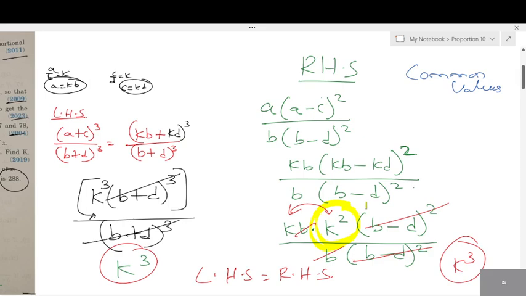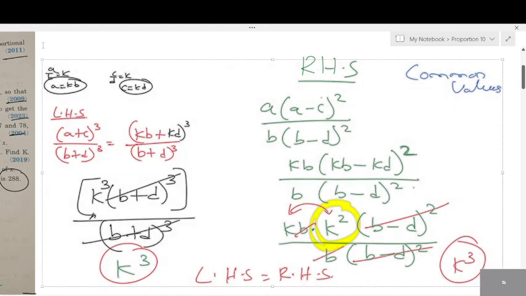Remember that when you take k common, even k square should be taken out. Degree 2. Completed. Shall we try the next one?